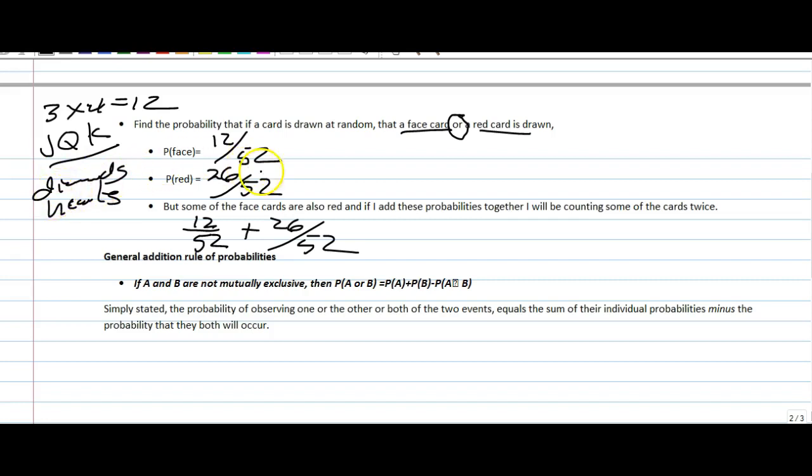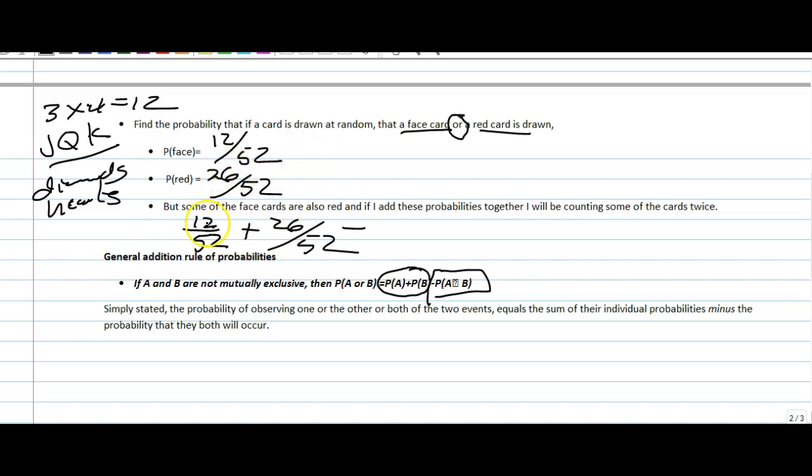So if the events are not mutually exclusive, then I'm going to take the sum of their probabilities, but I've got to subtract the outcomes that they have in common. That is, where the two sets overlap.